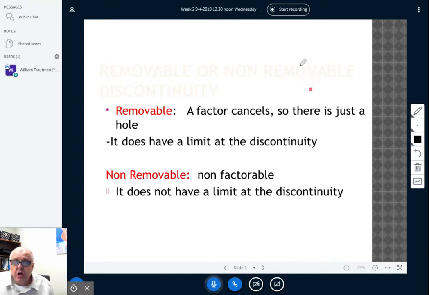Okay, so also we need to understand removable and non-removable discontinuities.